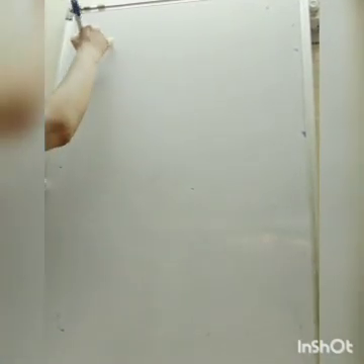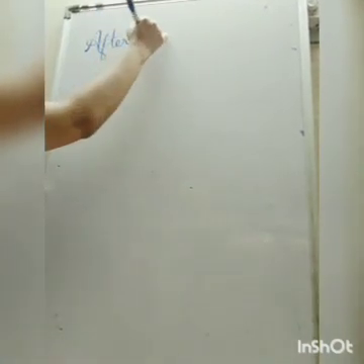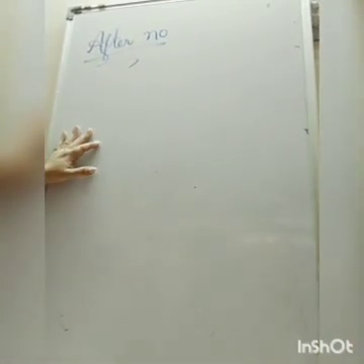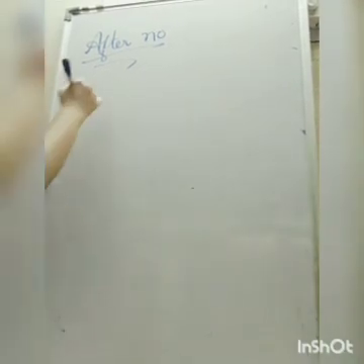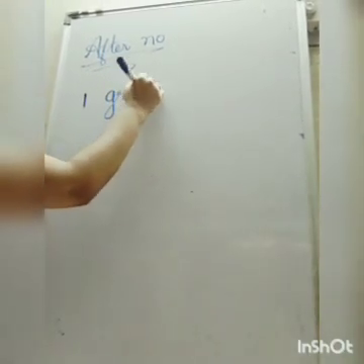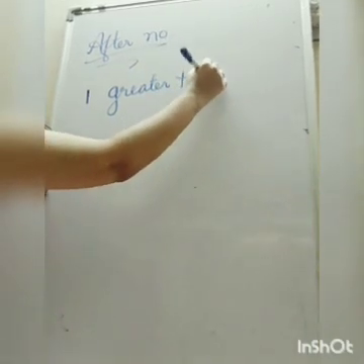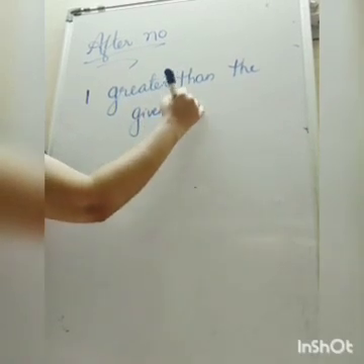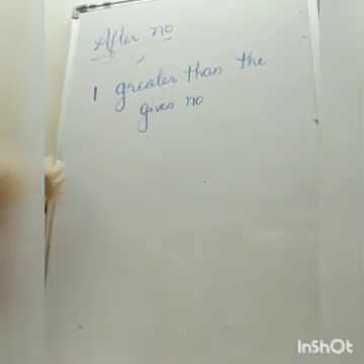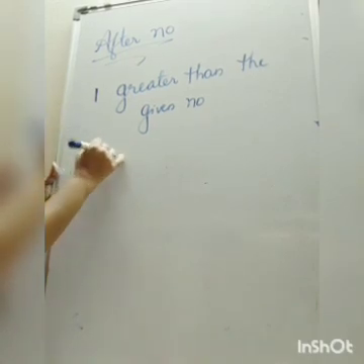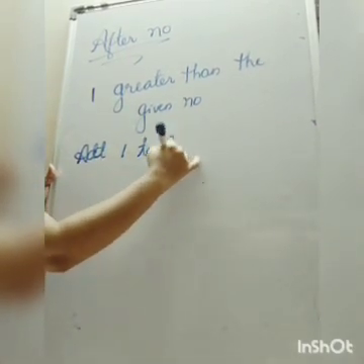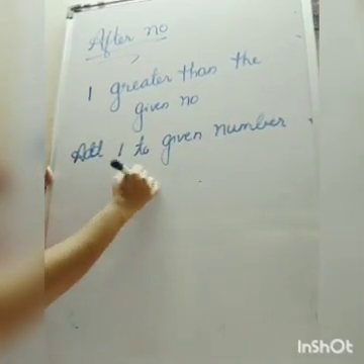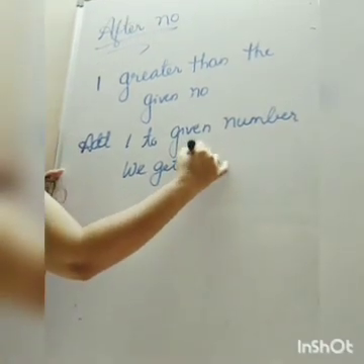Now next one is after number. What is after number? After number means 1 greater than the given number, or add 1 to given number, we get its after number.